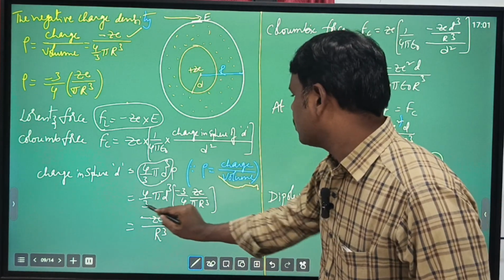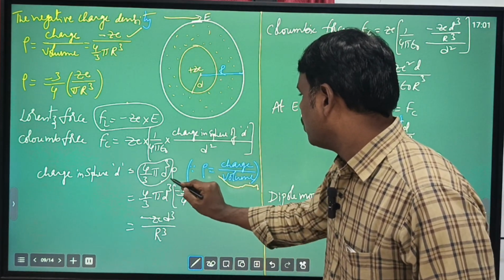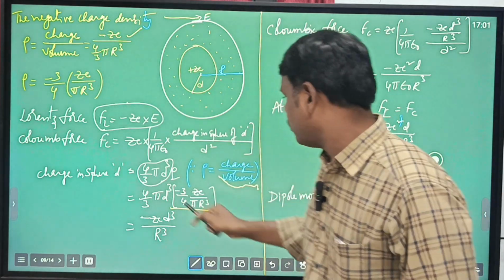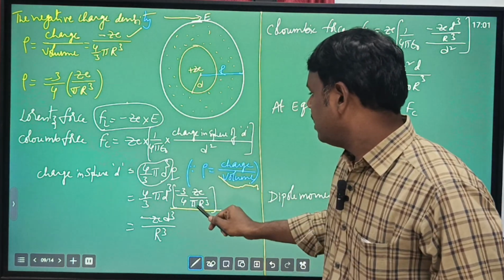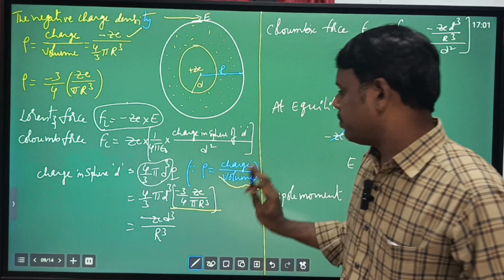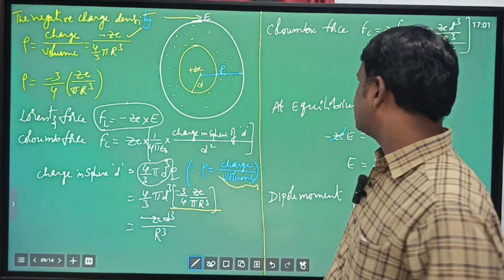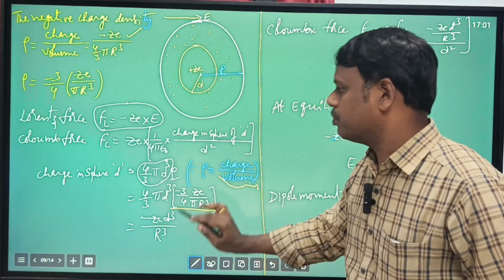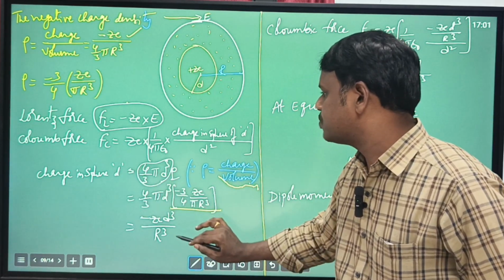Then we get 4/3 pi d cube into rho, that is 4/3 pi d cube into minus 3 by 4 Ze divided by pi r cube. By simplification we get minus Ze d cube by r cube. This is the charge inside the sphere of radius d.